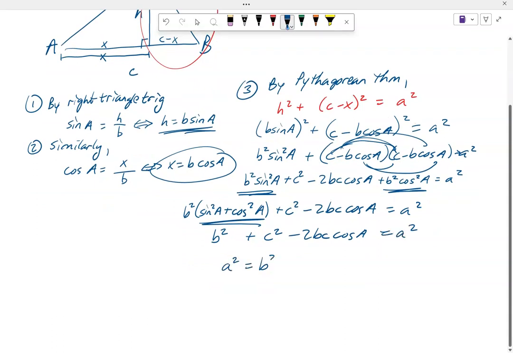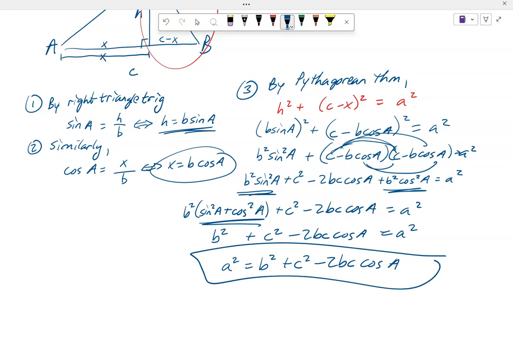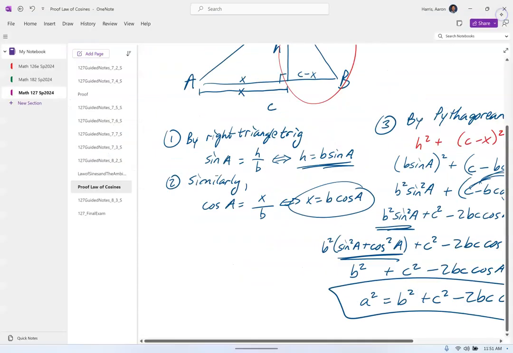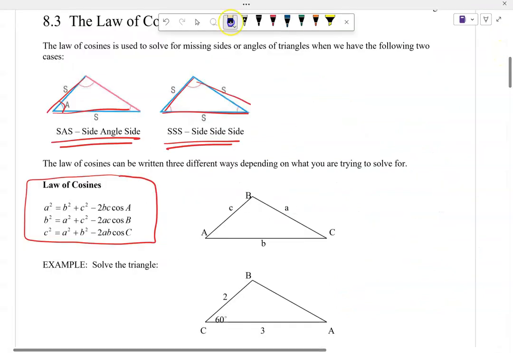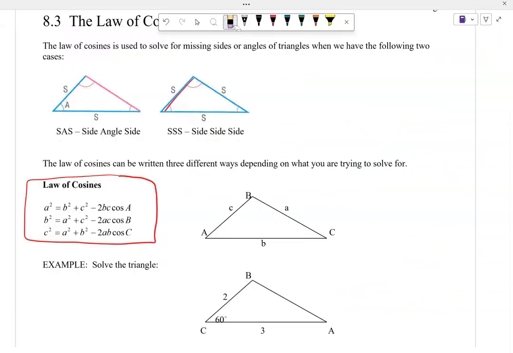So a squared equals b squared plus c squared minus 2bc cosine of A. Let me go back to our notes here. So that one right there, we just proved that one for the law of cosines. And similarly for those other two, you could also prove those as well.